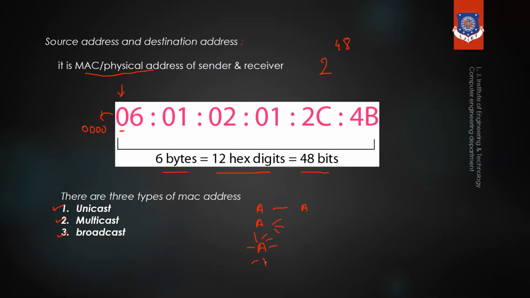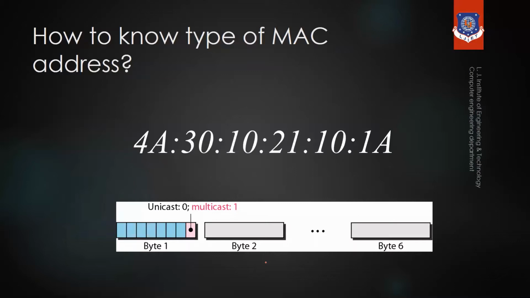So how do you know whether a particular MAC address is unicast, multicast or broadcast? So this is the example, this is the MAC address and I want to see whether this MAC address is unicast, multicast or broadcast.